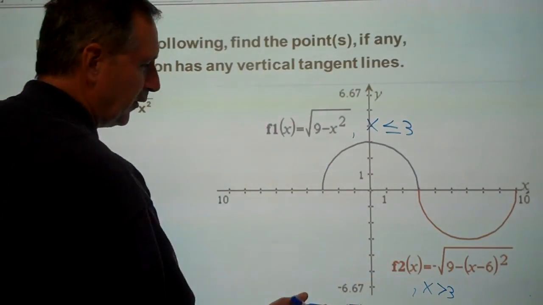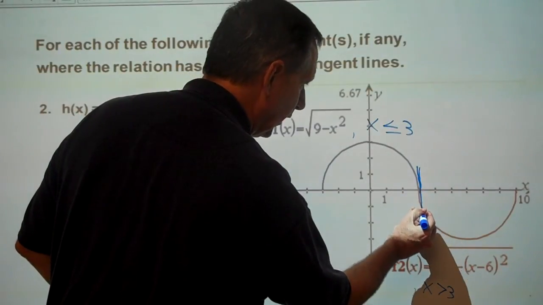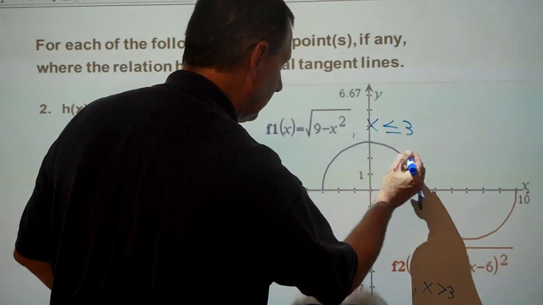So as a piecewise function, there would be a vertical tangent line right here where x equals 3.